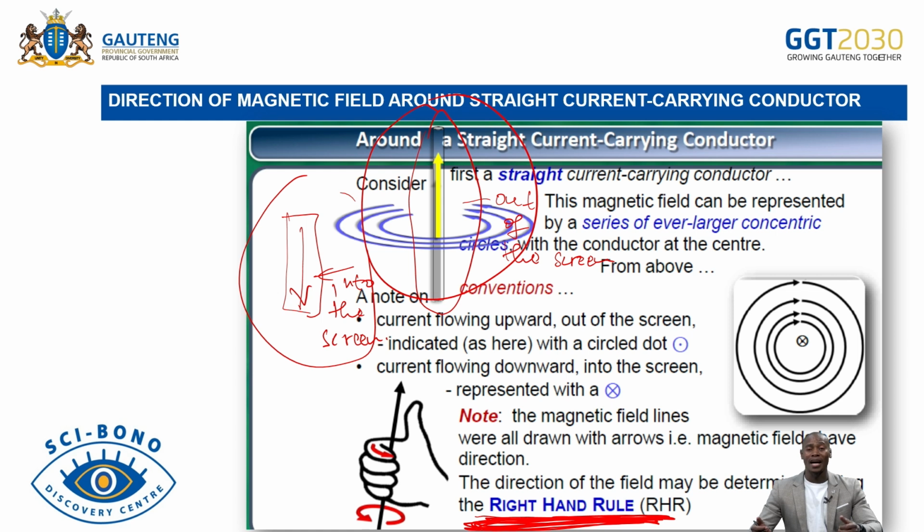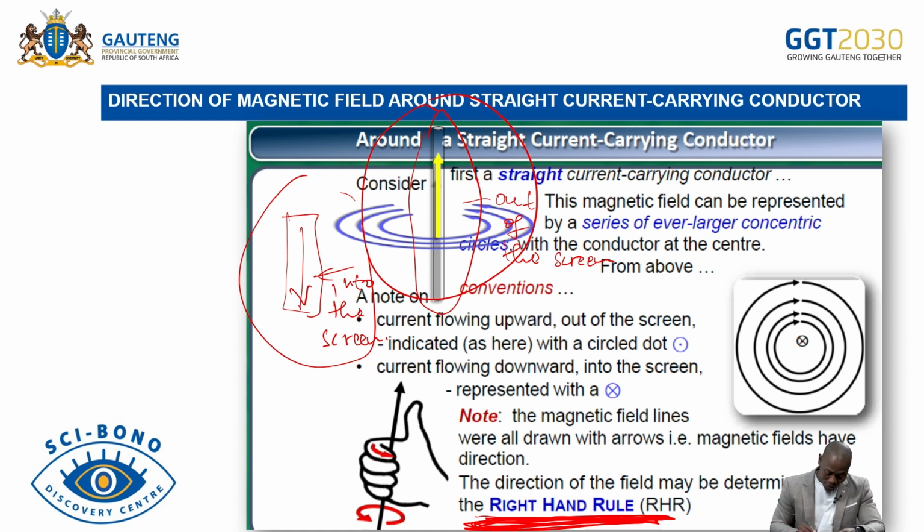So what you need to check is whether the current is in or out. In this case, the current is out of the page, so your thumb should point away from the page, or from the screen. Then look at the direction of the curled fingers. They are anti-clockwise.